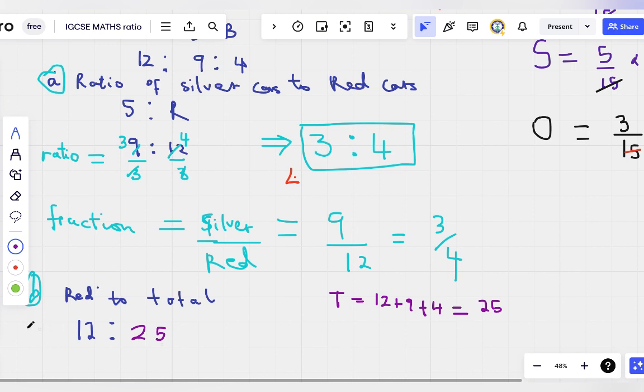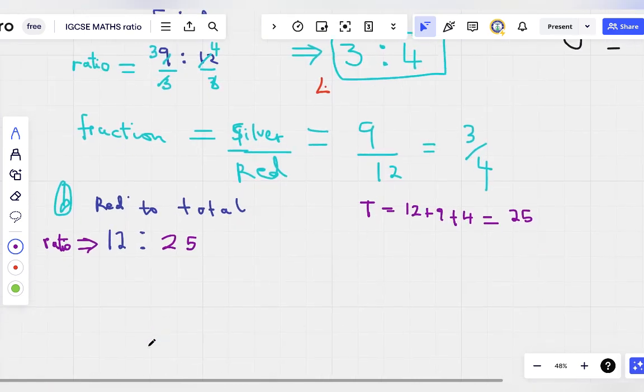You can also write it as a fraction. I say you can leave the answer in ratio form, or you leave the answer in fractional form.